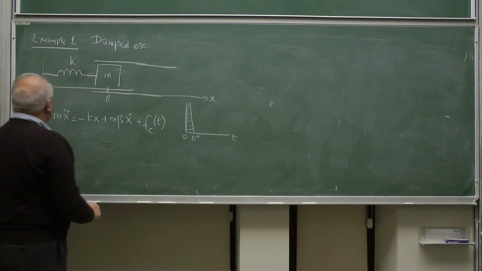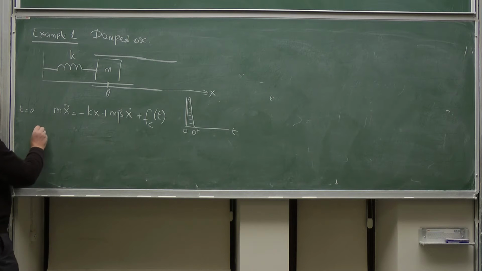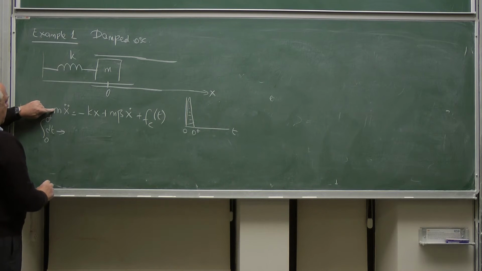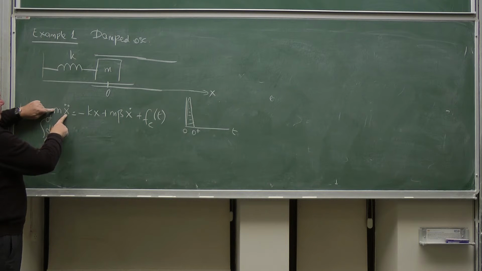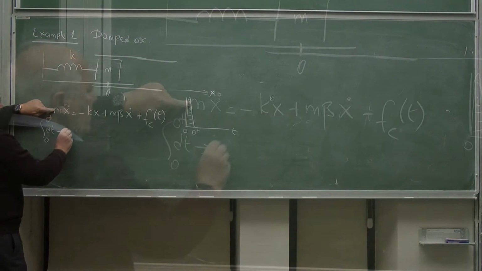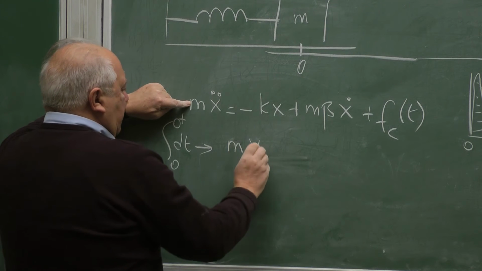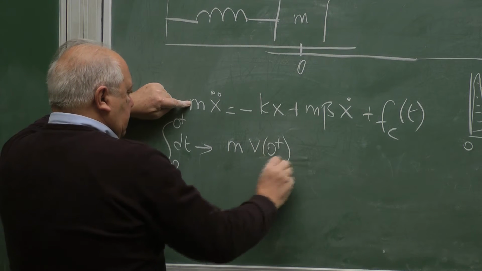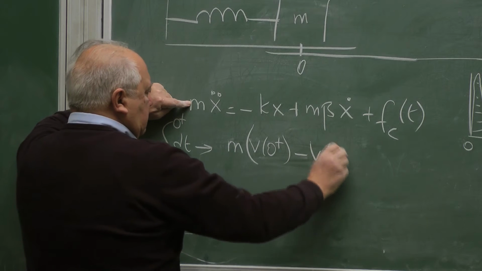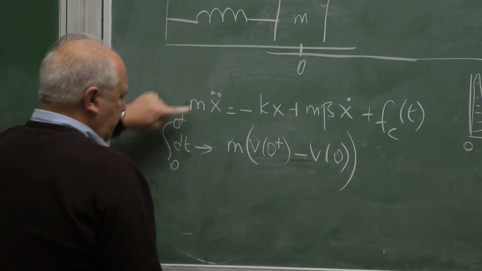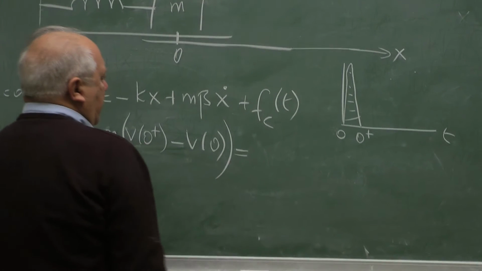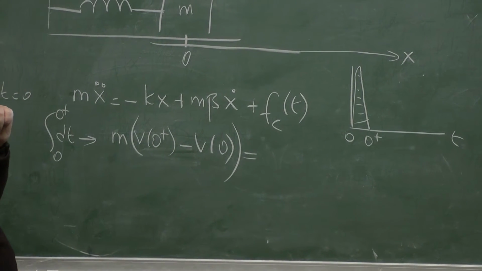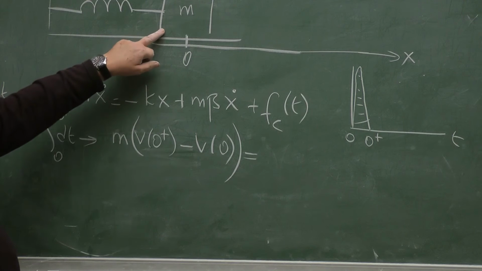Okay. So let me integrate this equation from 0 to 0 plus dt. The first is easy to integrate because acceleration is the derivative of the velocity. So it is m times v at 0 plus minus v at 0. That's equal to, well, it is acting in such a short time that this has no chance to move.